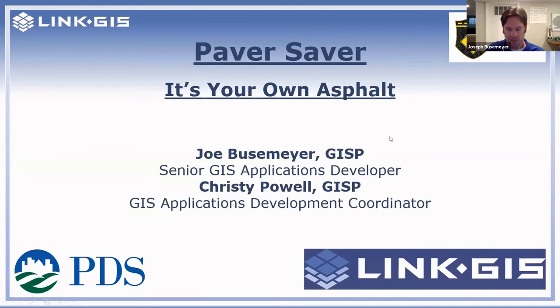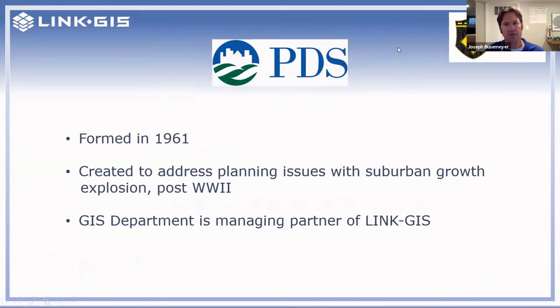So I'll go ahead and get started here. Just a really brief background, we are both part of the PDS team. For those who do not know, this is a planning agency in Kenton County, Kentucky, which is Northern Kentucky, just across the river from Cincinnati, Ohio, a large metropolitan area. The planning agency was formed to help deal with suburban growth explosion after World War II.